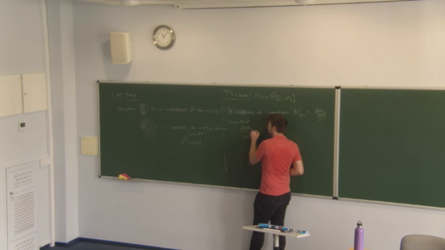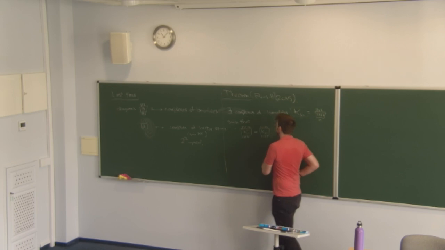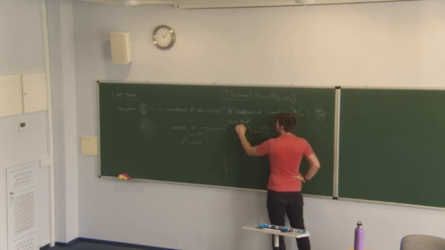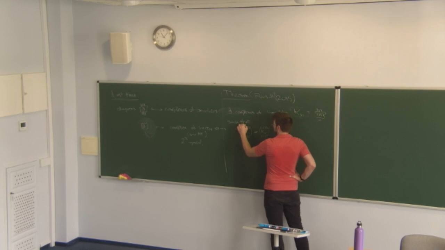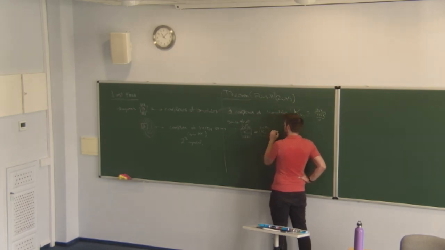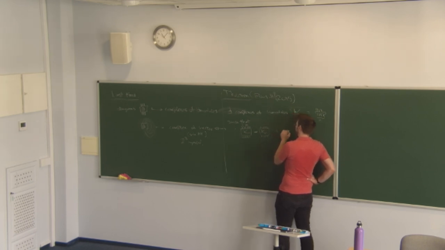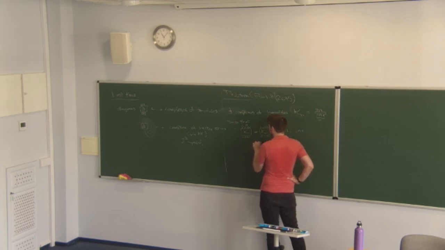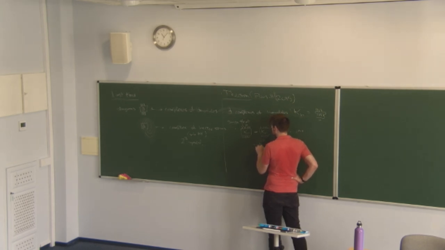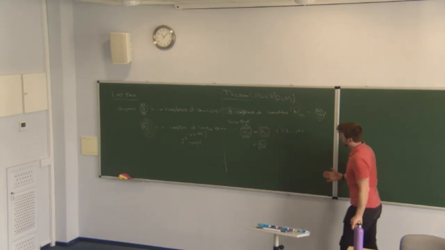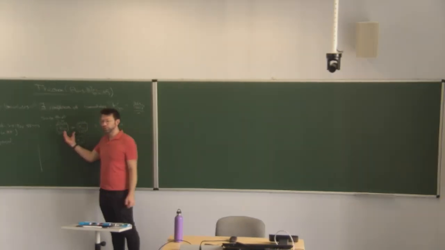And the statement is that this Kn absorbs all such crossings. This is true for all i's for which this makes sense, and it's also true if you put the braid on the bottom. So this thing eats crossings, so it acts as a sort of symmetrizer.